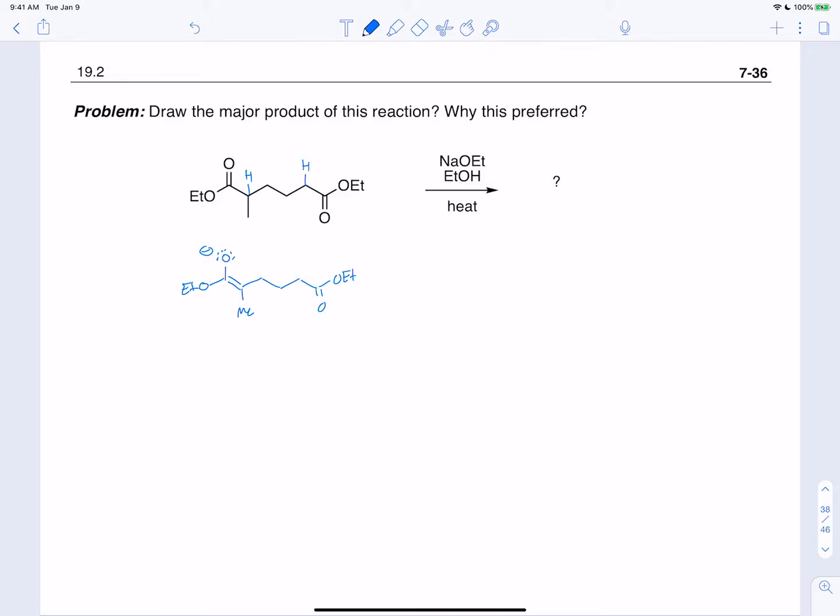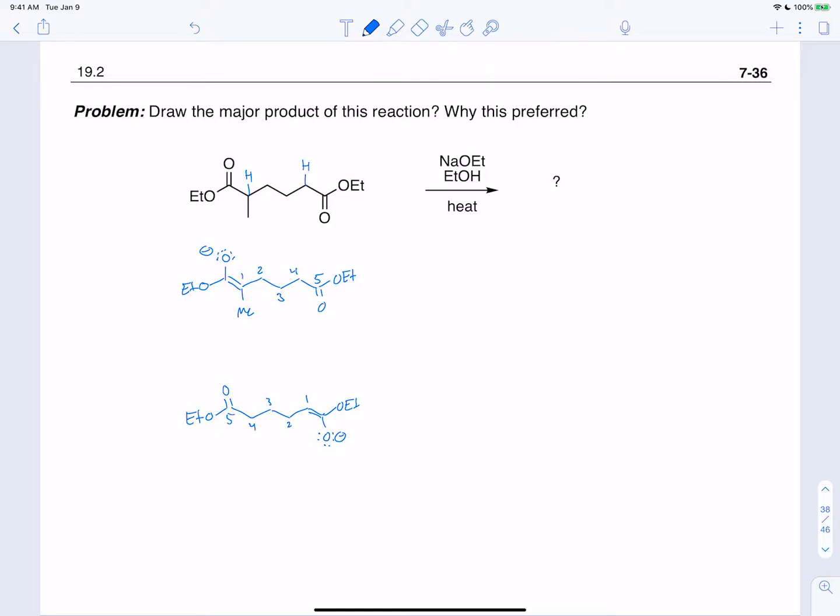And we can count the number of carbons between the nucleophilic carbon of the enolate. So this would be making a 5-membered ring. The other enolate that we could form on the other side of the molecule is less substituted. This is going to be 1, 2, 3, 4, 5.